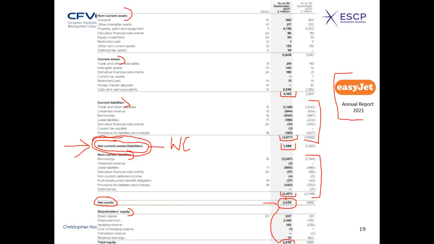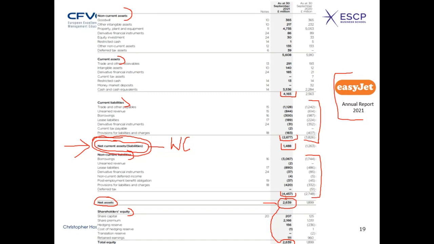So that's really not the point here. Why do they present this? Well, it's part of financial communication, and it sends the message to people in the market that EasyJet wants to be shareholder friendly, investor friendly, analyst friendly.